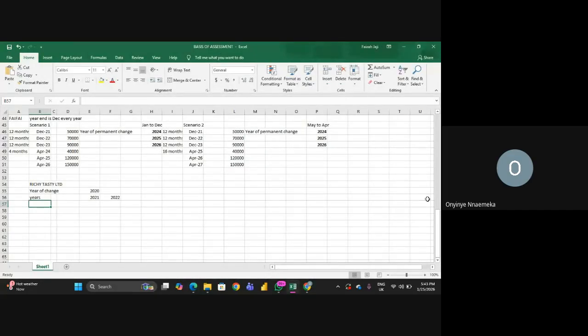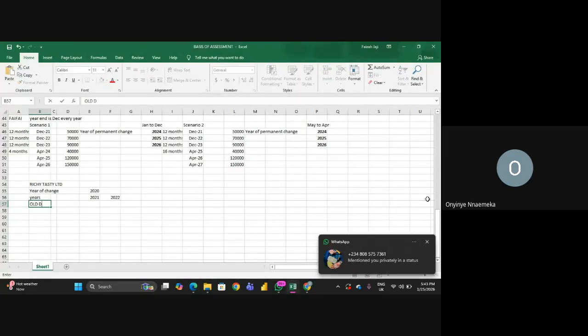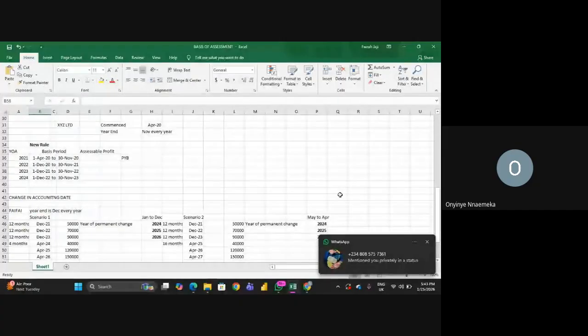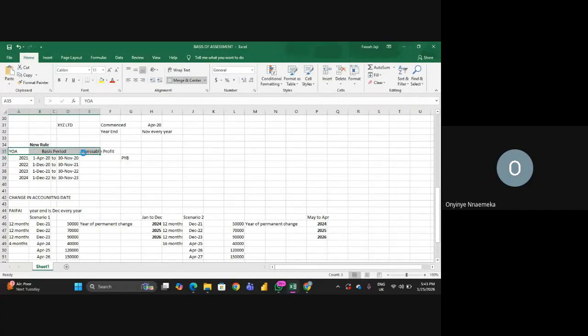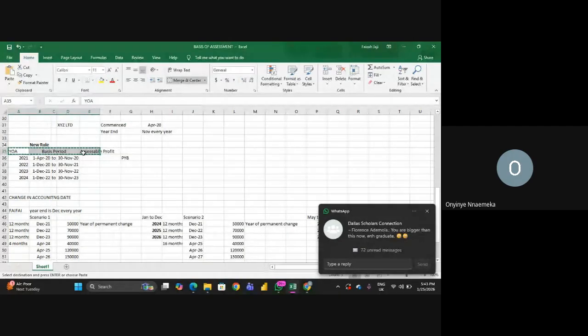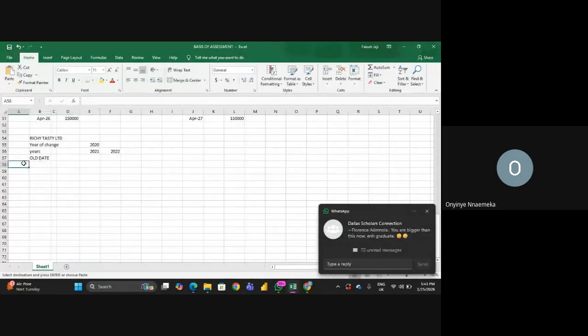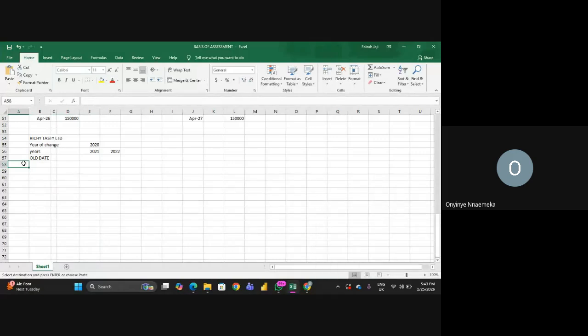So now let's use old dates. So let me copy and paste our... okay. So now using the old dates, we already have our year of assessment on ground 2020, 2021, 2022.